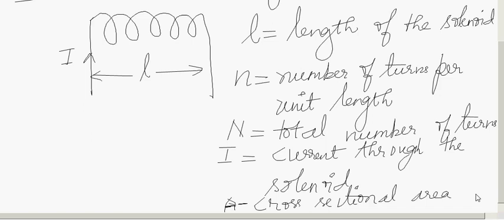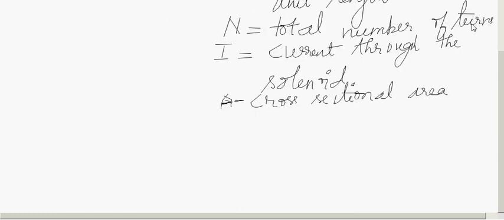Now we know when we take a long air core solenoid and a current is passed through it, a magnetic field is set up, and the magnetic field inside the solenoid is constant, or the solenoid itself behaves as a magnet. This we have seen in the last chapter.